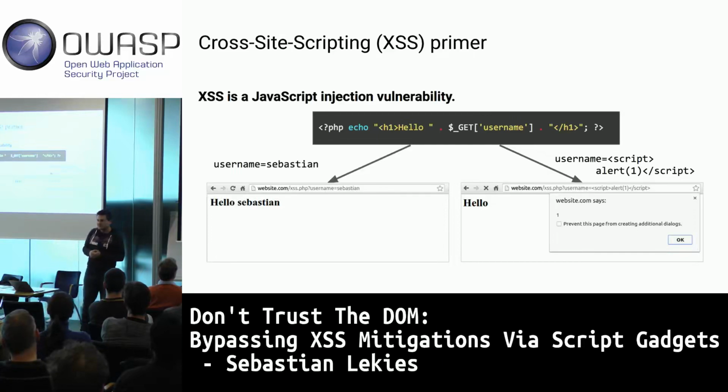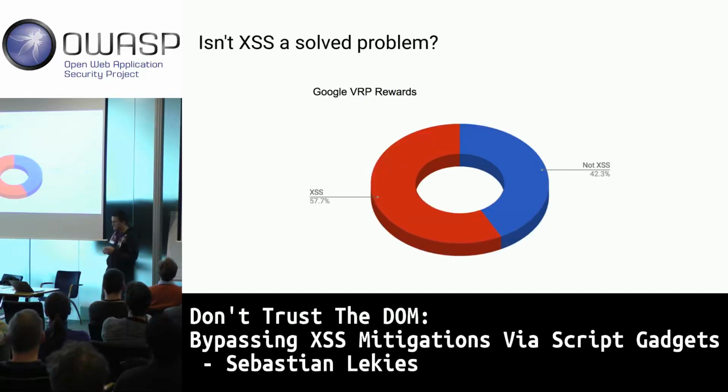If you talk to academia, they would say, yeah, we know exactly how to do this. You put some contextual encoding here, the right encoding function, and then the problem is solved. However, theory is not practice. In practice, that's different. Here we see a graph from Google's bug bounty program, showing the payouts that we pay for bugs.